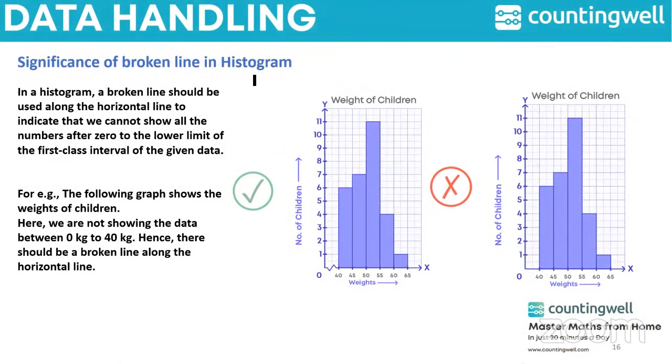Significance of broken line in histogram. Here you can see after 0, it starts from 40 and there is no broken line. But here you can see the scale is 1 unit equals 1 child.